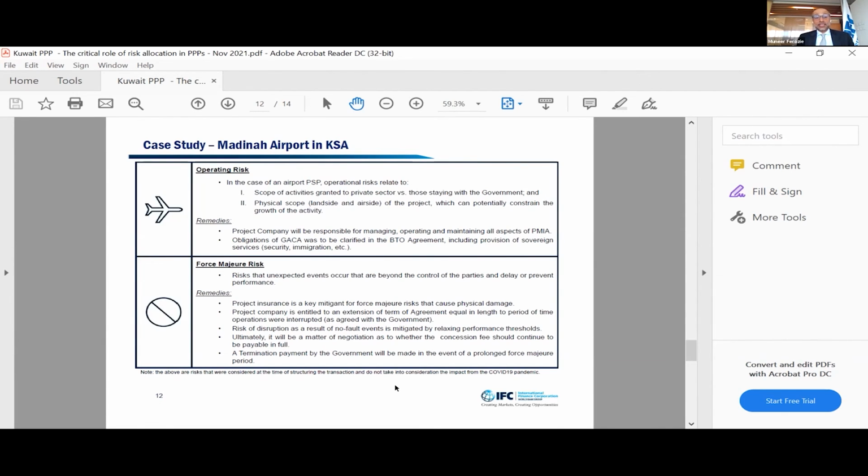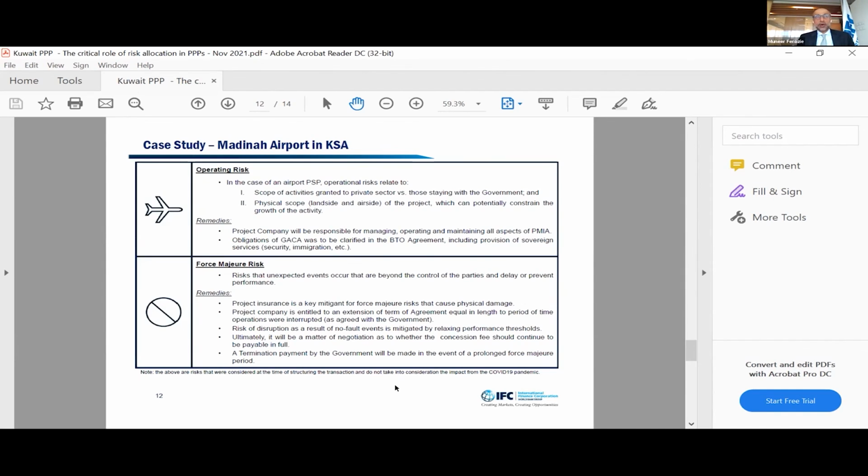The next risk, as I said, is a shared risk. It's a force majeure risk. What happens if an unexpected event beyond the control of the parties occurs, right, or prevents the operations of the airport? First of all, I think in all the PPP projects, you look at what is an insurable risk. If it's insurable at a reasonable cost, you insure that, and usually that cost is borne by the private sector, but eventually by the public sector as well, because it's linked to the offer or the bid that the private sector puts on the table.